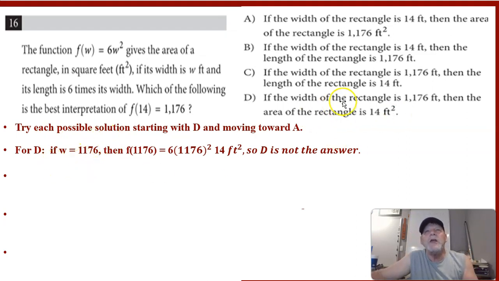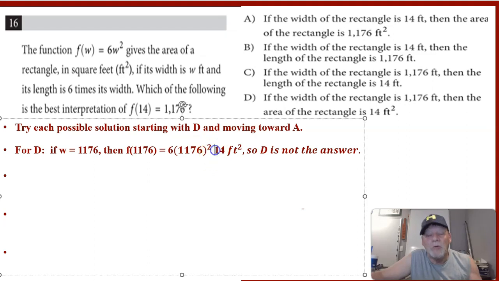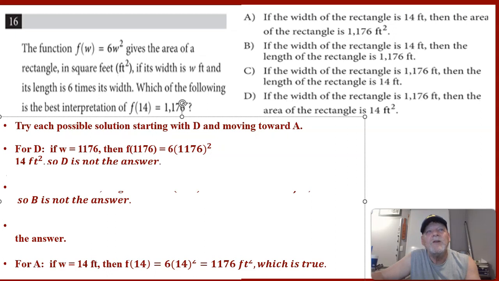In D, it says the width is 1176. So we have to figure f of 1176 to get the area. So that would be 6 times 1176 squared, which does not equal 14 feet squared.